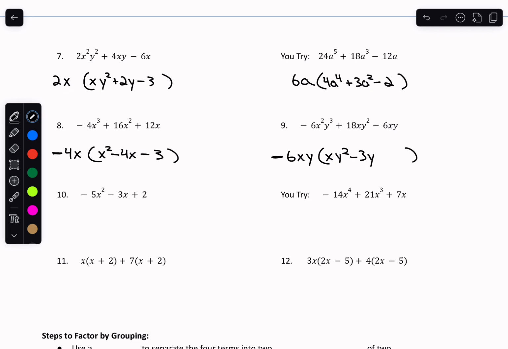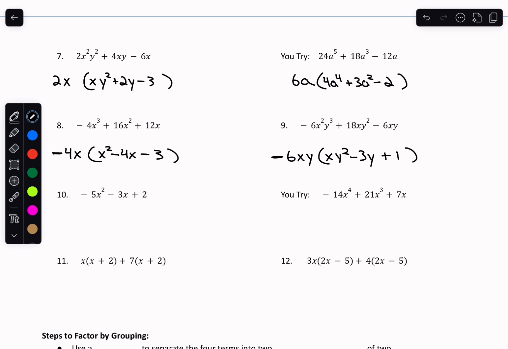Negative 6xy divided by negative 6xy, hey, those are the same thing. So when you divide something by itself, we just end up with a positive 1. The negative signs cancel, the 6's cancel, the x's cancel, the y's cancel. When everything cancels, you don't end up with 0, you end up with a positive 1. Because remember, anything divided by itself is just 1.